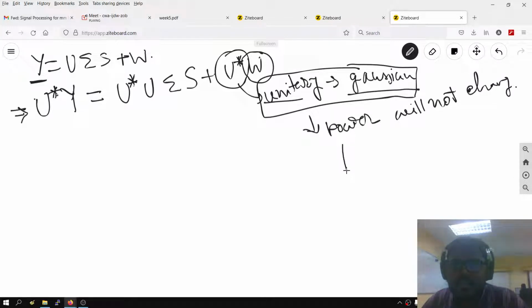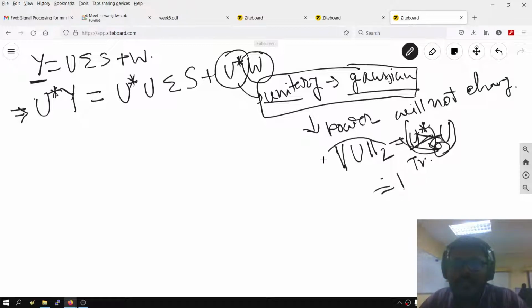This is because the norm of the unitary matrix, that is U star U, and its trace, will be equal to 1, whatever the unitary matrix is. So the noise power does not change here.